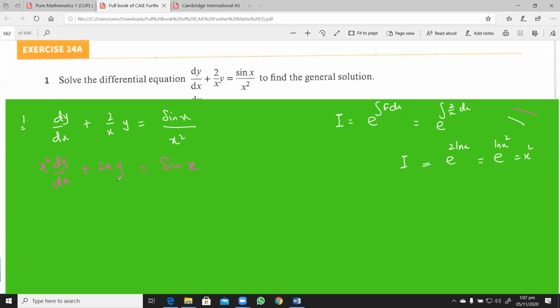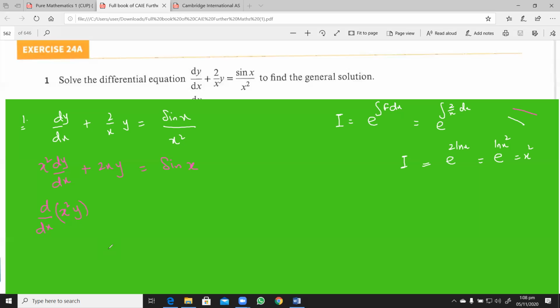Okay, if it is fine, then tell me, what should I write here? This is d by dx of what? This is d by dx of x squared y, isn't it?